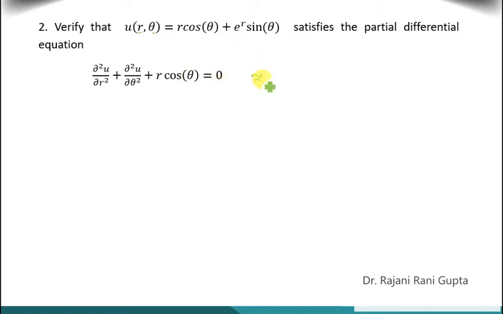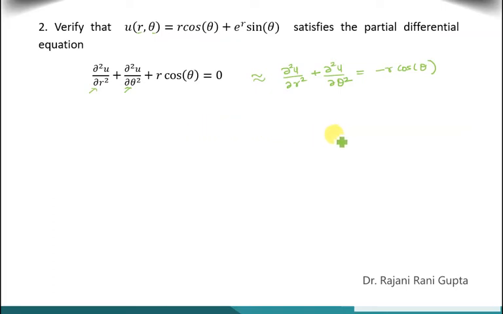Sometimes it can be asked like, show that the same value of u satisfies the partial differential equation that the second partial derivative of u with respect to r is equal to minus r cosine of theta. So what basically you have to do is calculate the value in the left hand side and then equate it to the right hand side. Here it requires the second partial derivative with respect to r and theta.